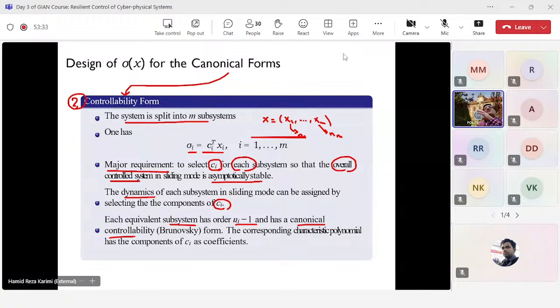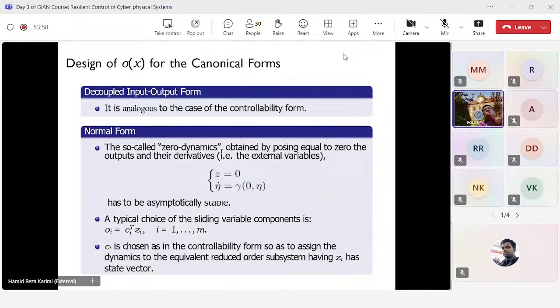Okay, so this is just the partitioning. So you need to partition x into several subsystems, like M subsystems. And then you need to choose Ci for each subsystem sigma i, in such a way that each subsystem is asymptotically stable.